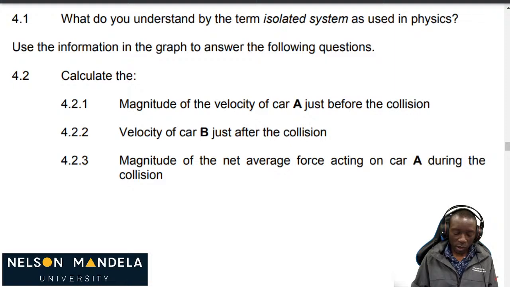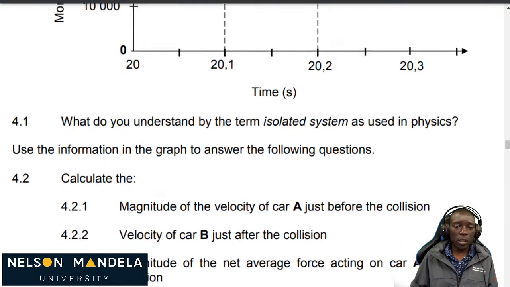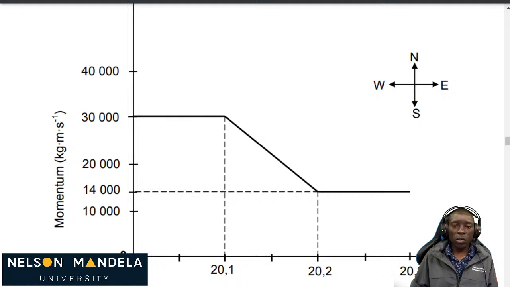In other words, we can look at the graph here, where there is no change in momentum. The change in momentum for A will be equal to final momentum minus initial momentum, with an initial momentum of 30,000.